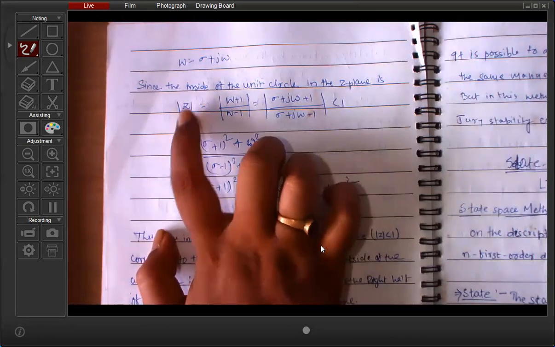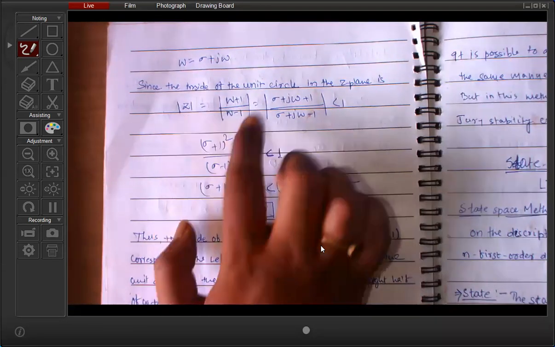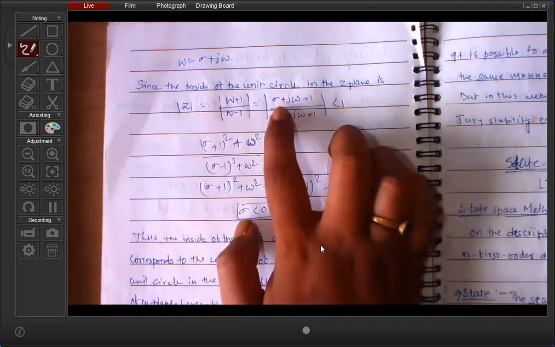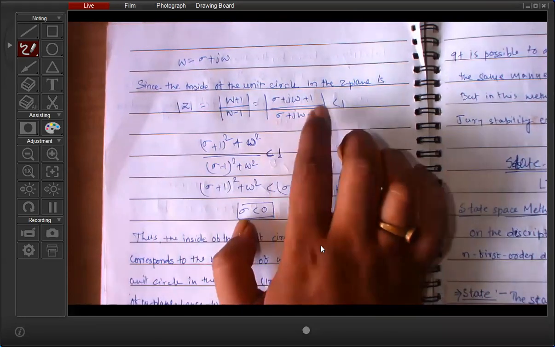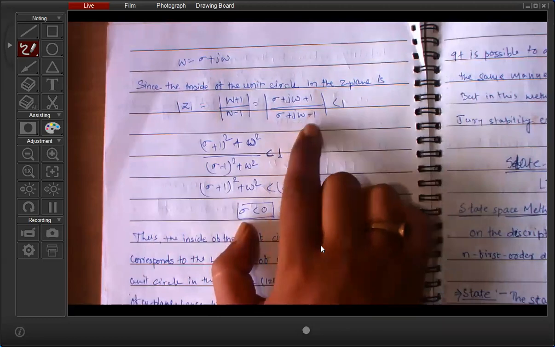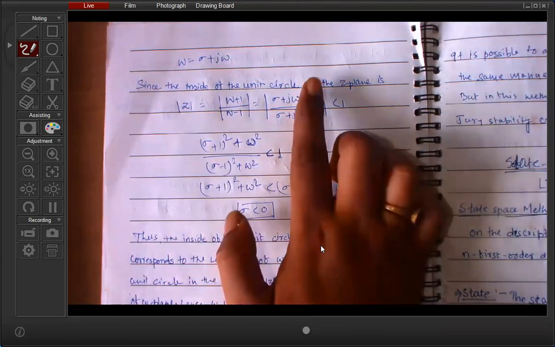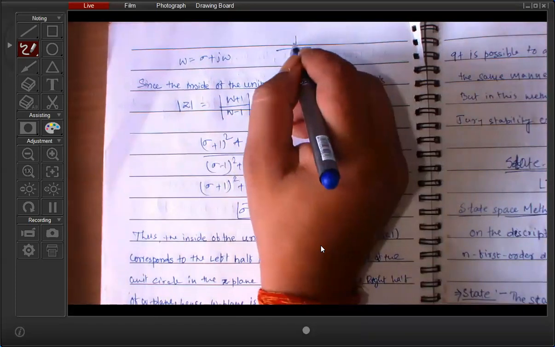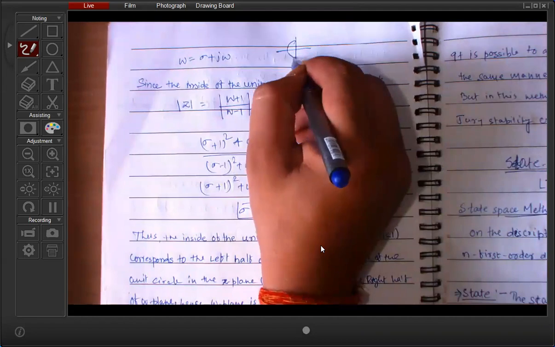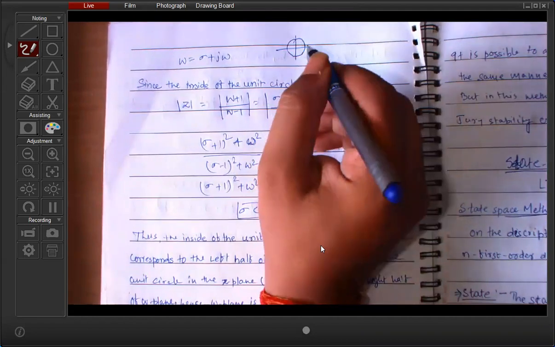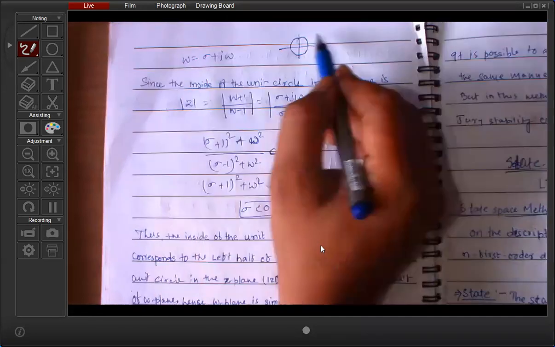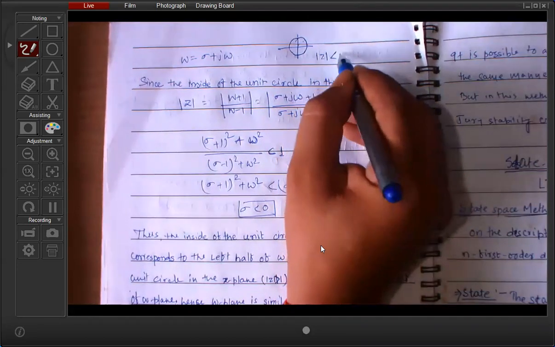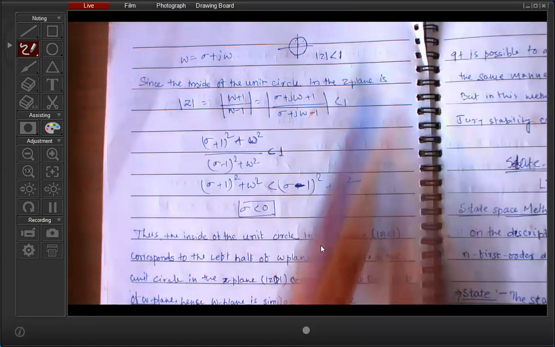So the magnitude of Z, that is (W plus 1) by (W minus 1), is the magnitude of this. If you put W equal to sigma plus j omega, we get (sigma plus j omega plus 1) by (sigma plus j omega minus 1). Suppose we have a Z plane. The inside of the unit circle is represented by mod of Z less than 1.